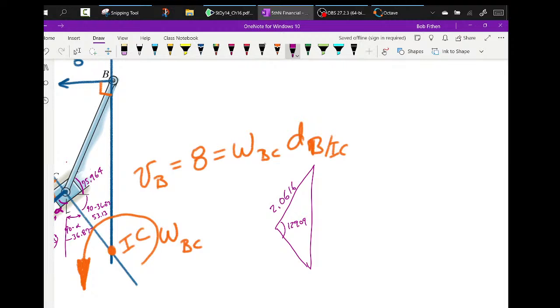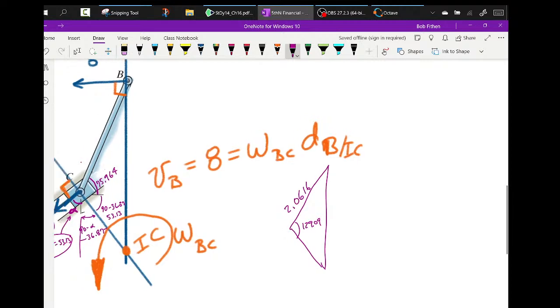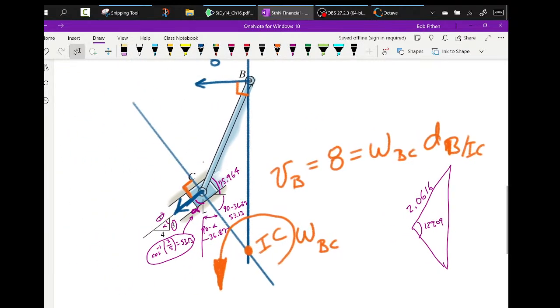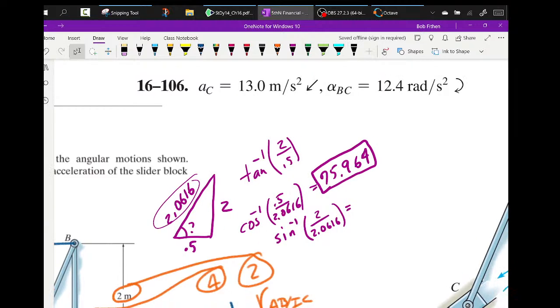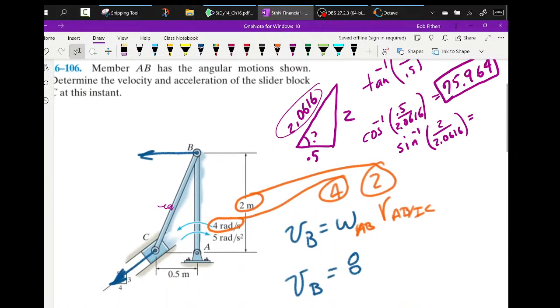Okay, now what else do I know? I need to know one other angle somewhere. So let's see if there's a way for me to find that. Now, I have a bunch of junk here, and I have to apologize about that, but let's take a look at something here. As we stare at this triangle, remember, this triangle is mimicking this triangle.